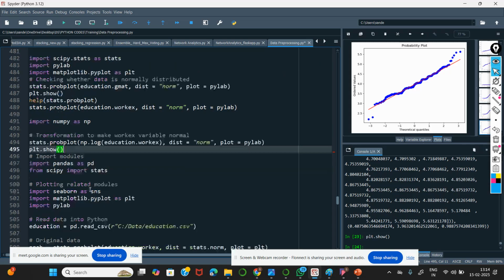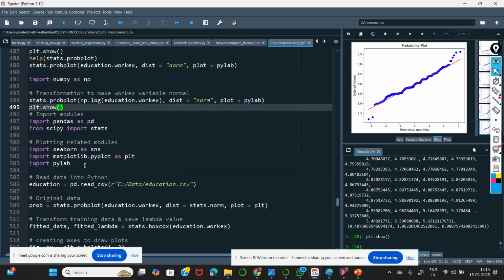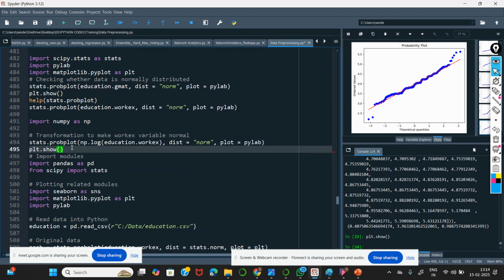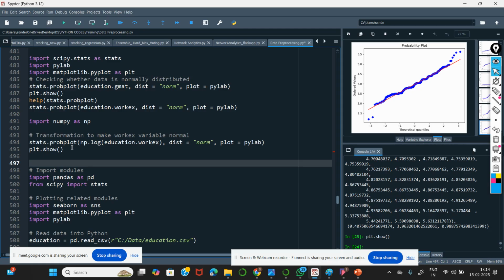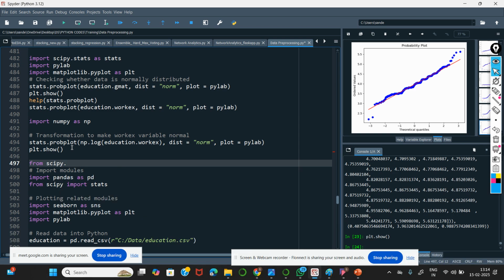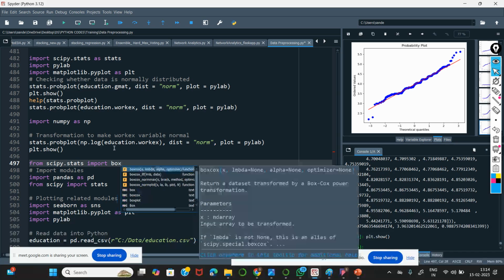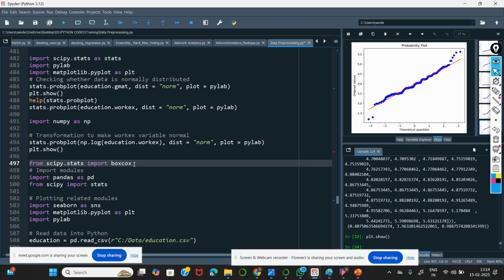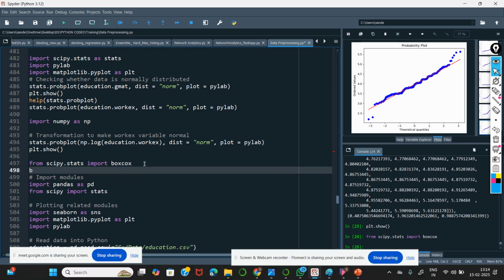Okay. Now, suppose I just want to execute something called boxcox from scipy. From scipy.stats import boxcox. Okay, boxcox. Let me go and import it. That's got imported. So first, the thing that you need to do is initialize your boxcox.